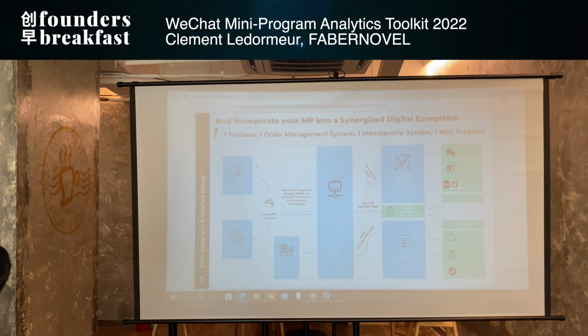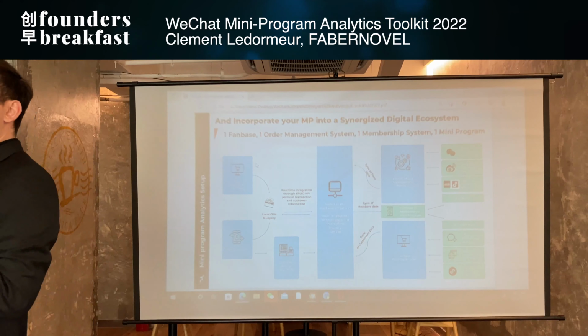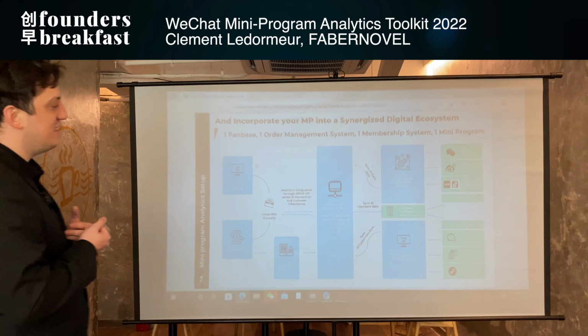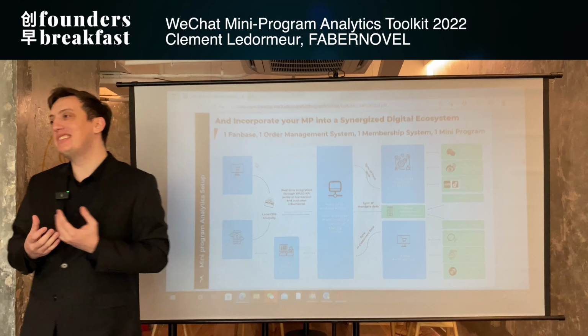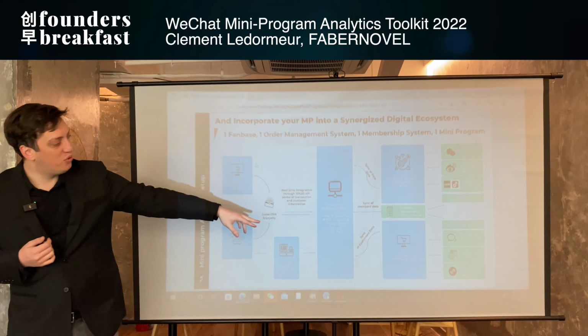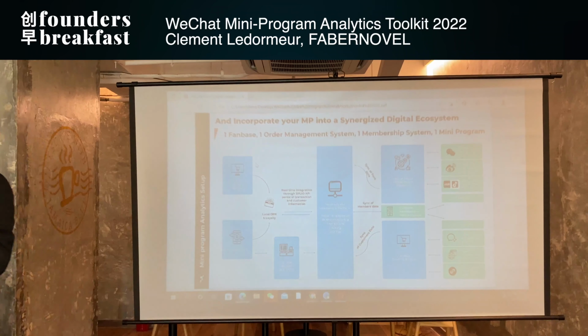We've been working on this for hospitality clients: how we would integrate this, and what the ecosystem would be to build a mini program for them. You can see on the left, I will describe a little bit. We planned on leveraging the websites they originally had, 4 websites in that case.